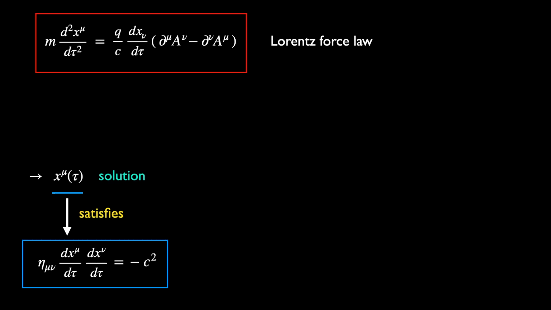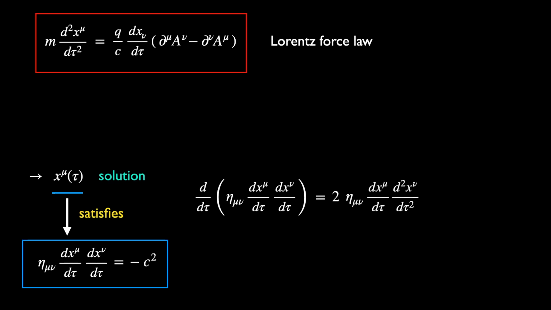Let's check explicitly that the velocity invariant is actually a constant, conserved by the equation of motion above. Taking the time derivative, we can use the above equation to evaluate this.